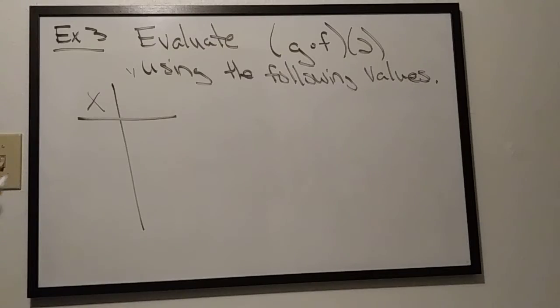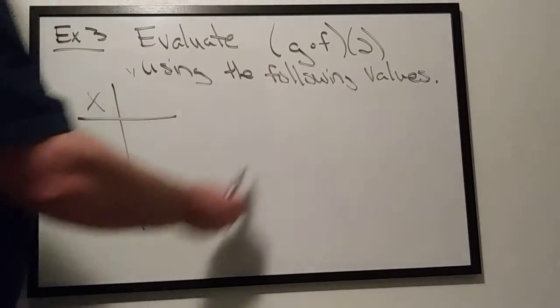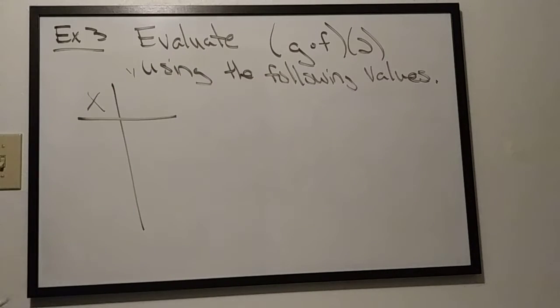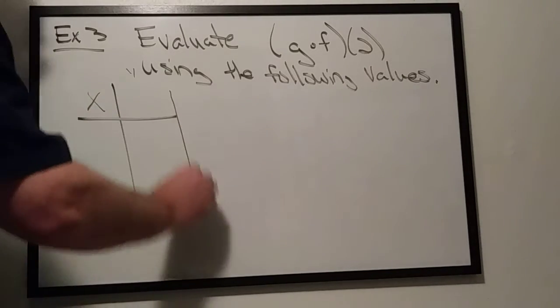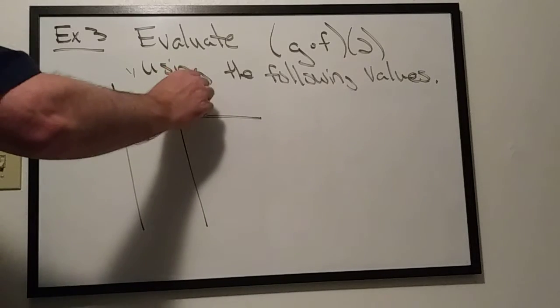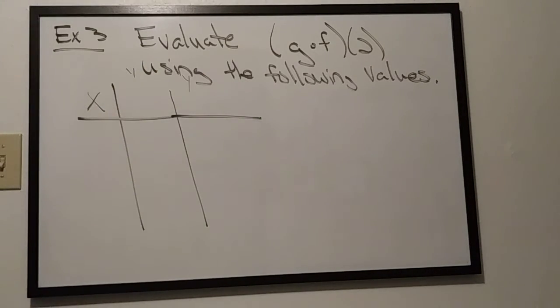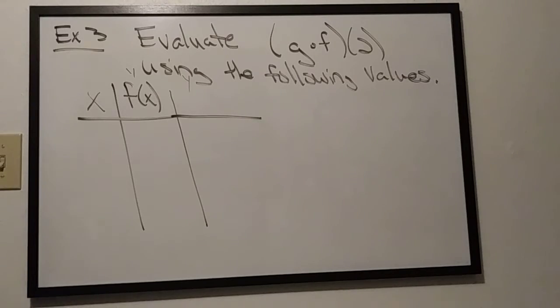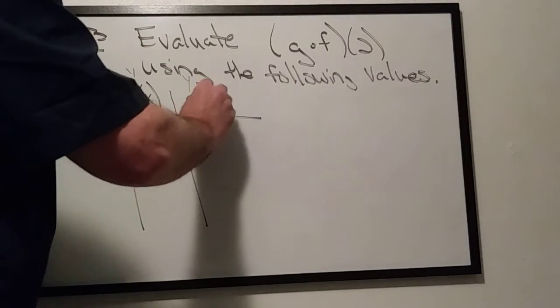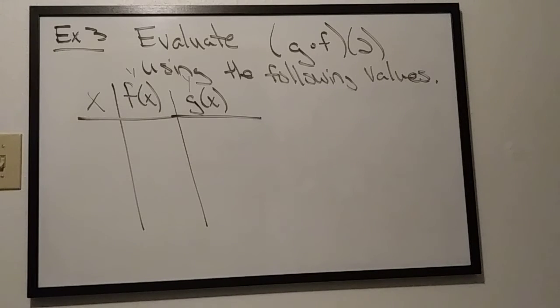So I'm going to have Y values that come from the function F, and I'm also going to have Y values that come from the function G. So in fact, on this particular problem, instead of an XY table, we're going to have an XYY table, with two different Y columns. One of those Y columns is going to be the results that come from the function F, and the other Y column is going to be the results that come from the function G. So this is just an extension of an XY table. It just happens to have three columns, but the same information applies.